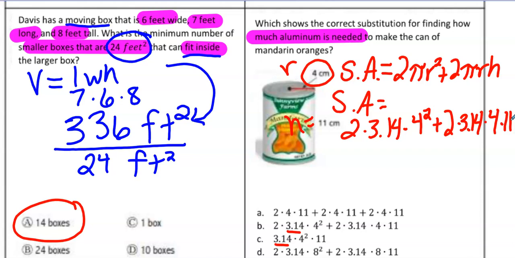And we're going to look down and see which of our choices matches this. All right. And it looks like it's this one here. B is the correct answer. We have the 2 times 3.14 times 4 squared plus 2 times 3.14 times 4 times 11. So this would be our choice.